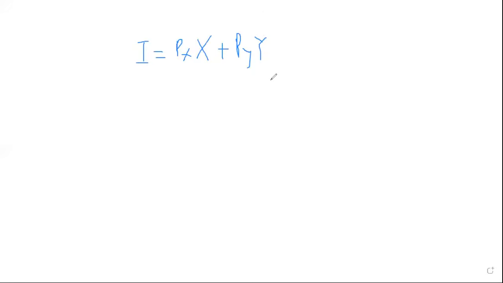From our secondary school mathematics, we know that this is a linear equation, and to draw the graph of a linear equation, you need 2 points.